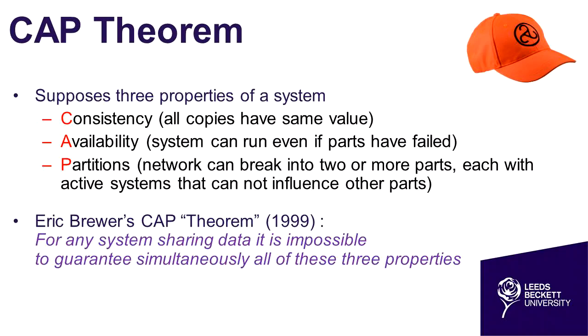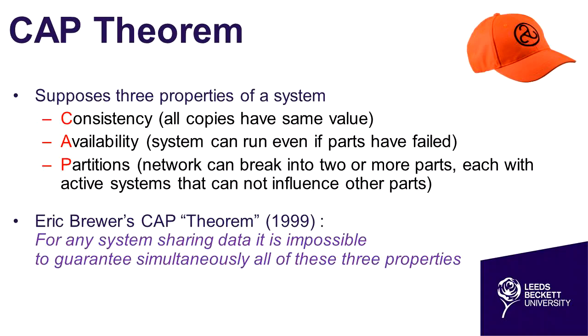Now we come to the CAP theorem. It describes three properties of a system. C stands for consistency, which is about all copies of replicated data having the same value. Then there is A for availability, which we have discussed before.